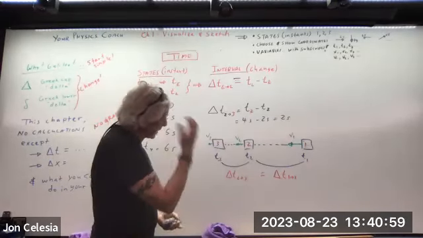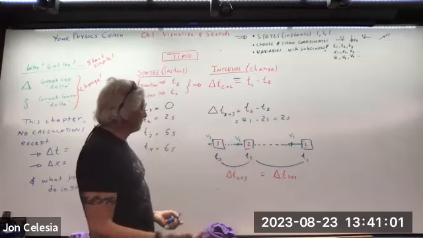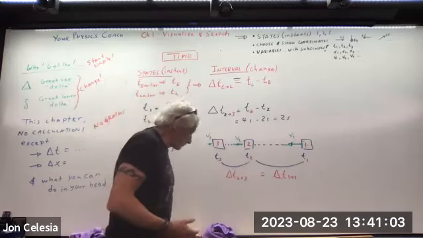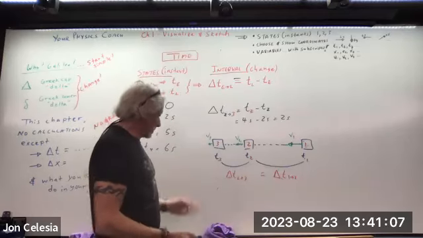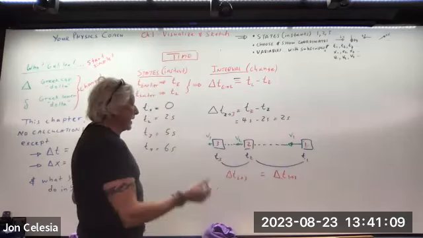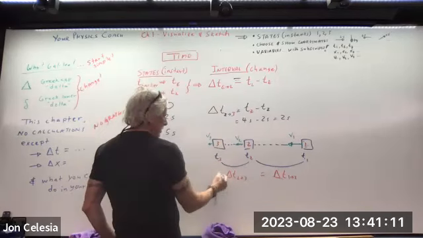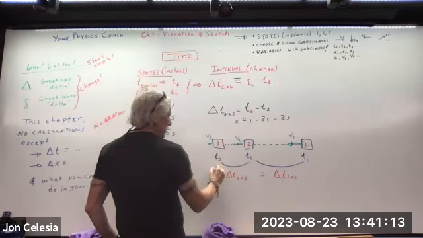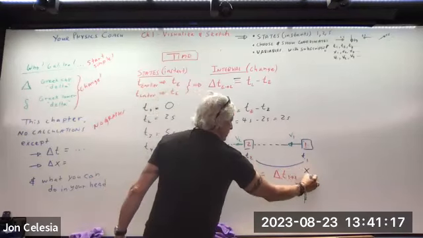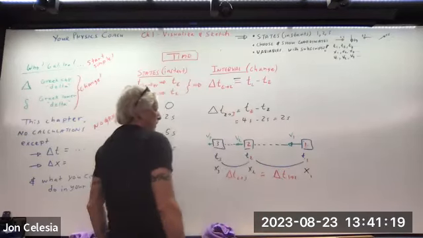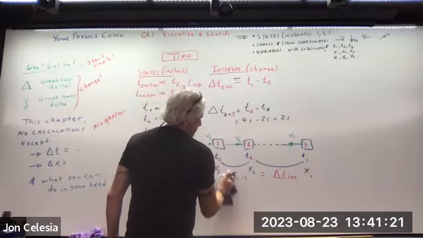Now, what do I have? I've got time, I've got velocity. What about position? Position, all right, fine. Now I need some positions. At each one of these places, you can make a list here. I could say X3, X2, X1.